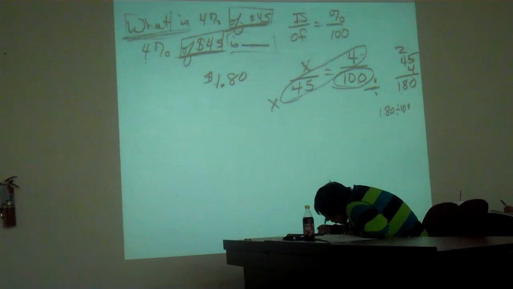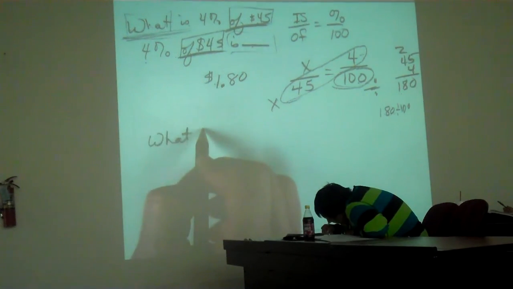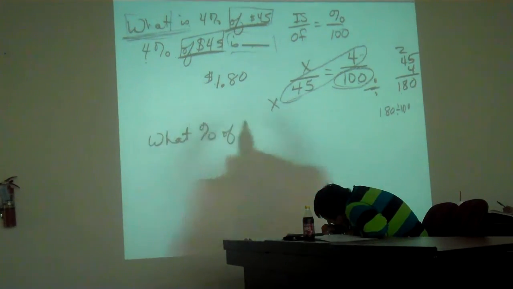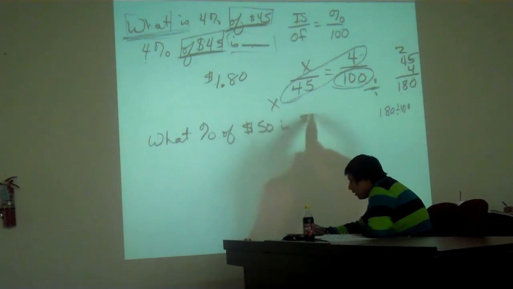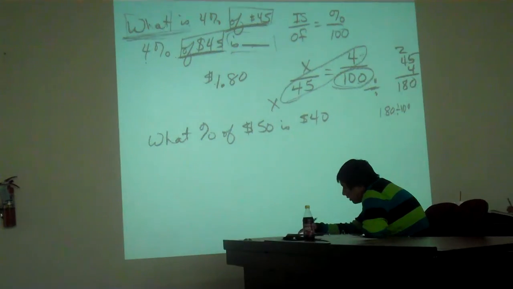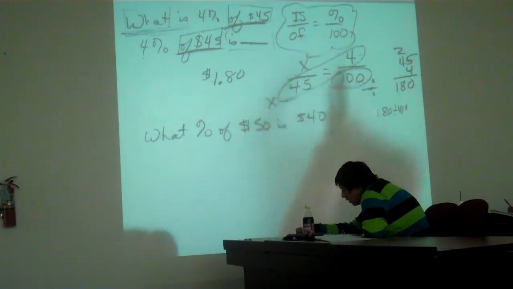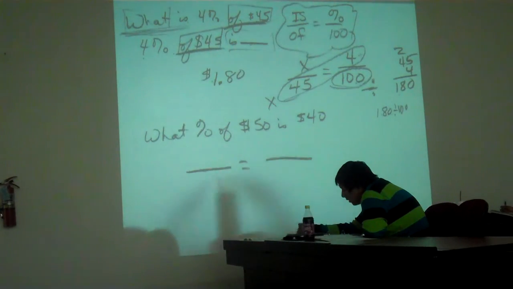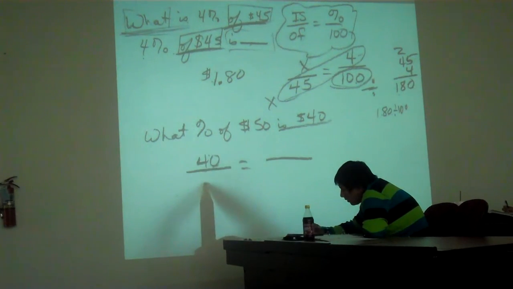Let's do another one. I see a dollar one. Okay, what percent of $50 is $40? Using this still, what is our is part? 40. What is our of? 50.